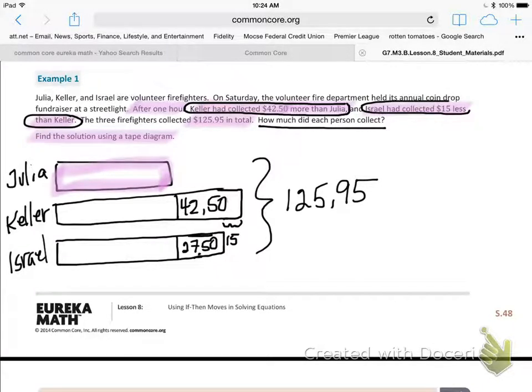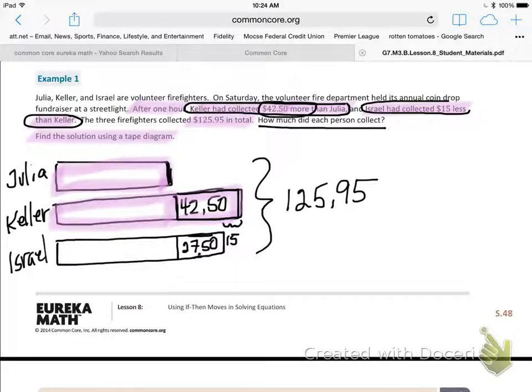Keller, we are able to work off of Julia. We could just write Julia arbitrarily. We can just make a rectangle for her, and then we need to make a similar size rectangle for Keller. But we also need to add $42.50 because he made $42.50 more than Julia. So that's what this is for right here.